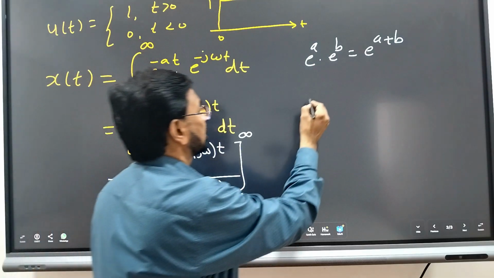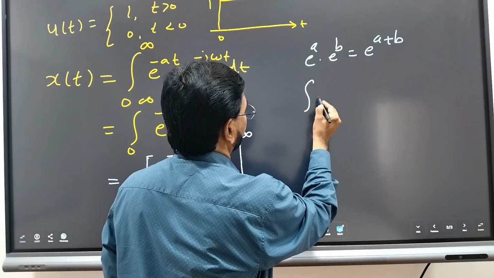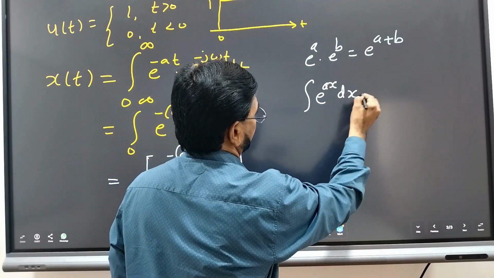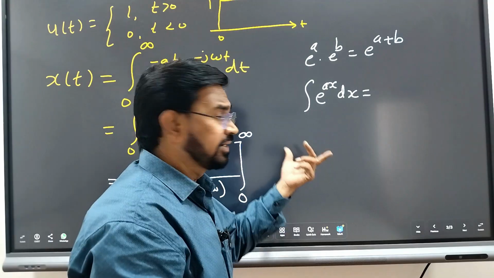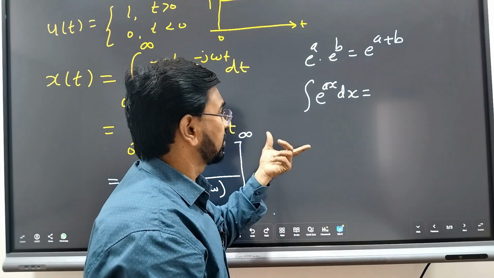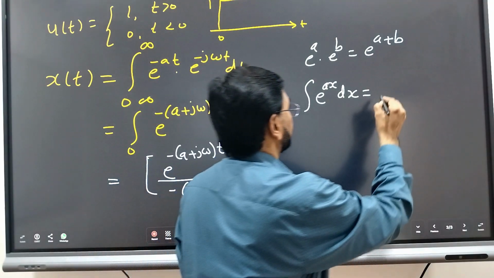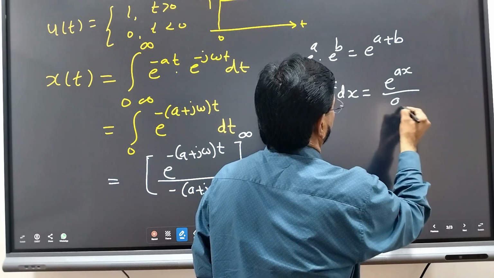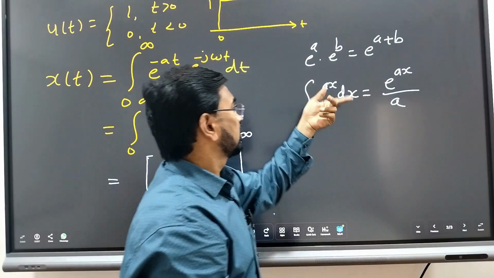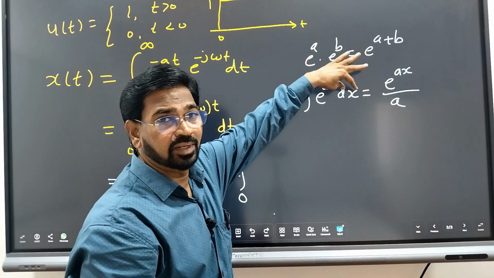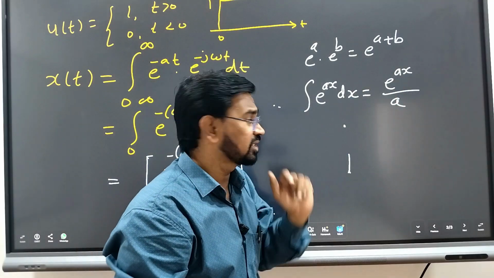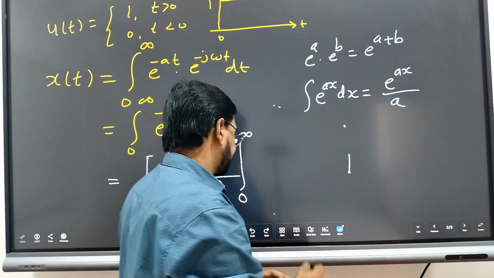By using a relation, the integration of e raised to ax dx. A formula is used to calculate the integration of such a quantity. So it is e raised to ax divided by a. So x is the variable, integration with dx, and a is the coefficient of x, therefore it is the denominator. Okay.